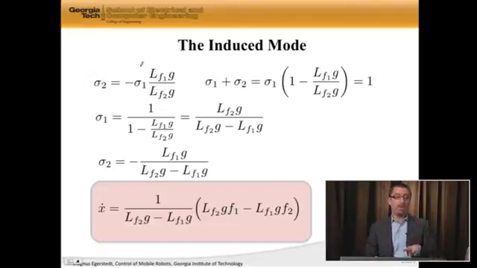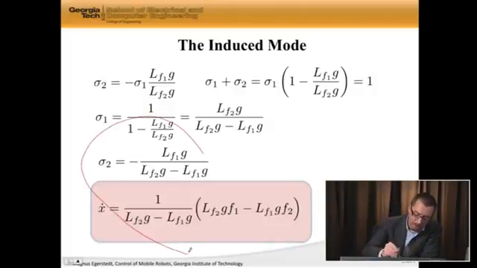And if I now sum all of this up together, I get this expression inside the pink box here. Again, this is a little bit of a mouthful, but what this tells me is exactly what the induced mode is.